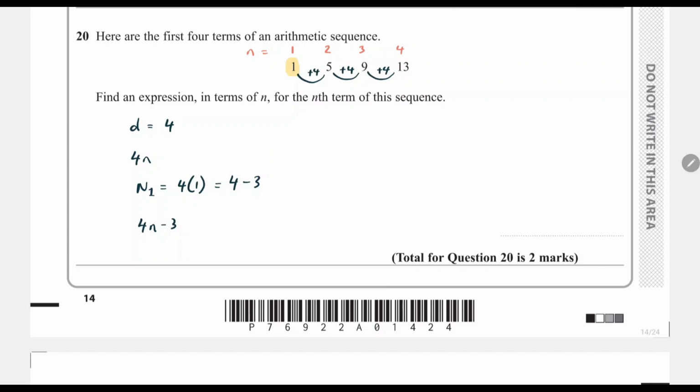Now we can test that with any other terms. So let's try when n equals 4. We know that the answer should equal 13. So 4 multiplied by 4 minus 3 is equal to 16 minus 3, which is equal to 13. And that is term 4. So we know that our expression is 4n minus 3.